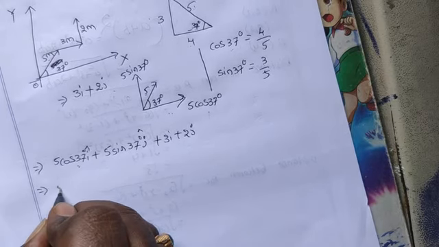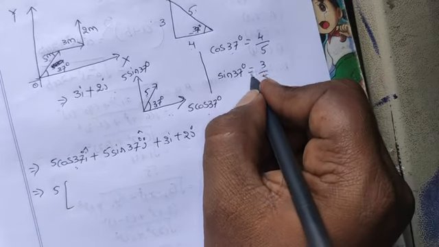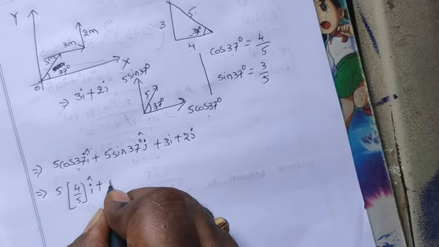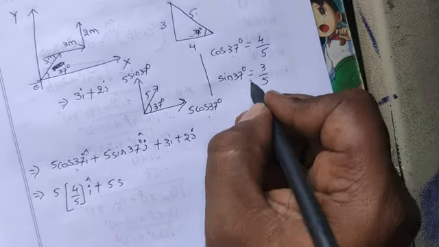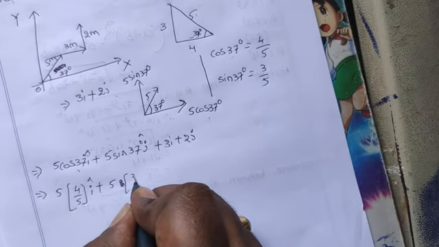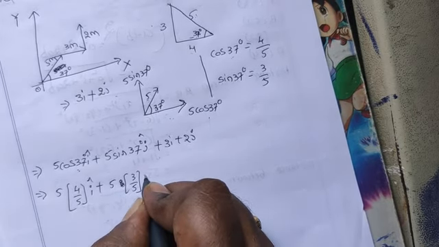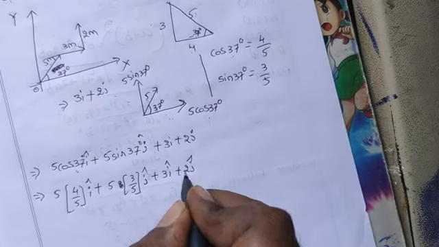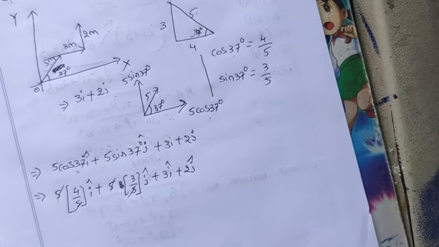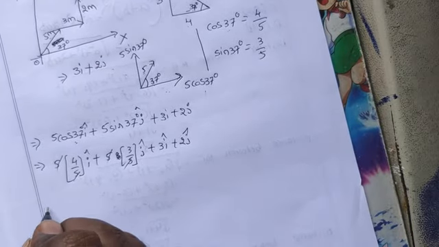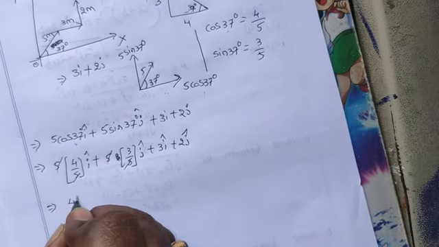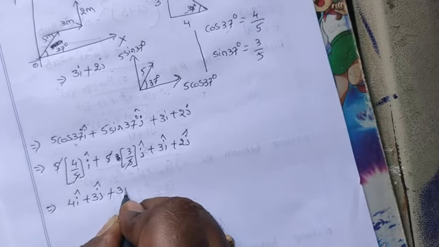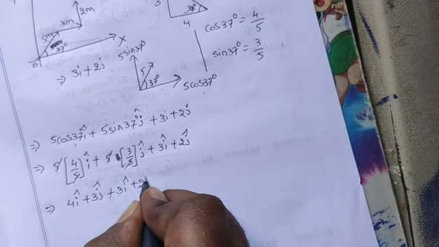Substituting that, 4 by 5 i plus 5 sin 37. Sin 37 is 3 by 5, 3 by 5 j cap plus 3i plus 2j. So the 5 gets cancelled here, and here also the 5 gets cancelled. Then 4i plus 3j plus 3i plus 2j.